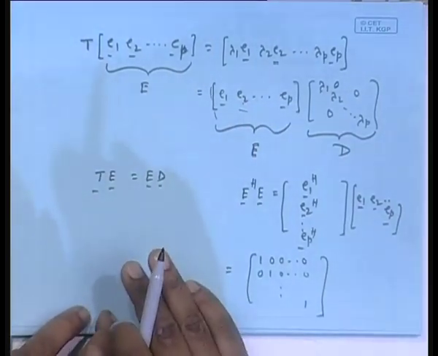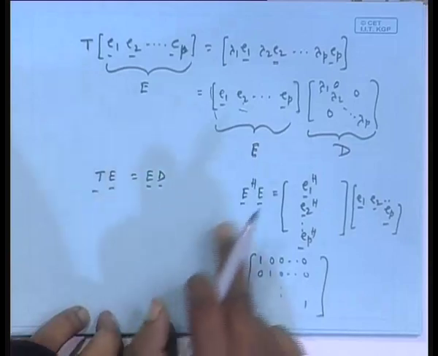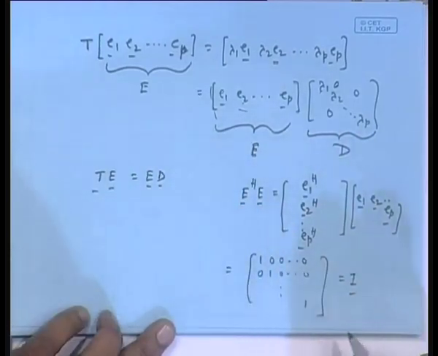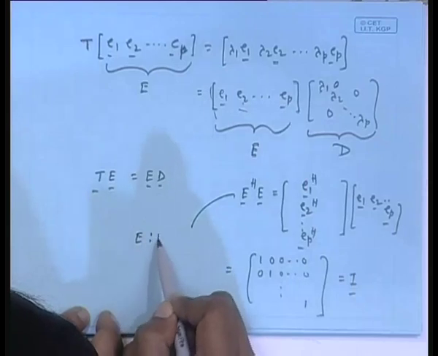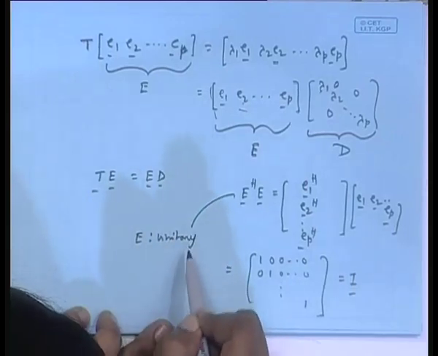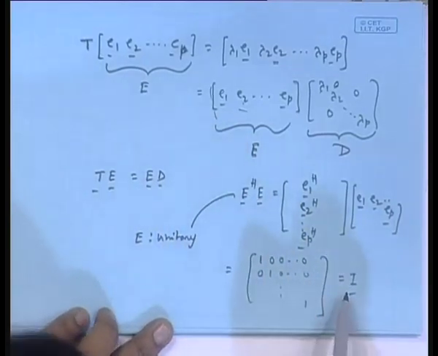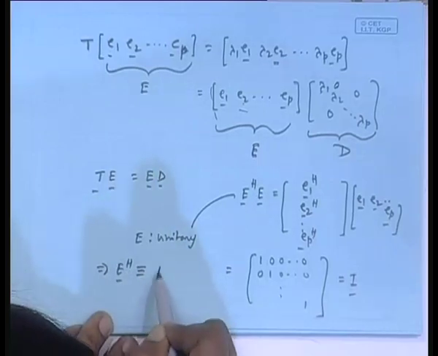Any matrix, say E, if it satisfies the property that E Hermitian E is identity, then this matrix is called a unitary matrix. And E Hermitian E is identity means that E Hermitian is equivalent to E inverse.